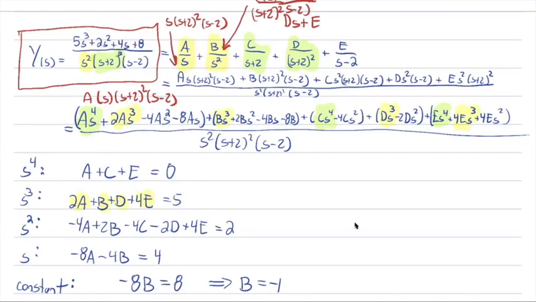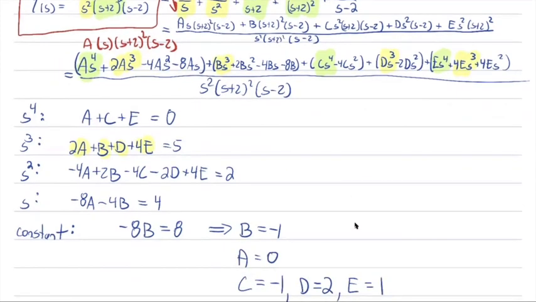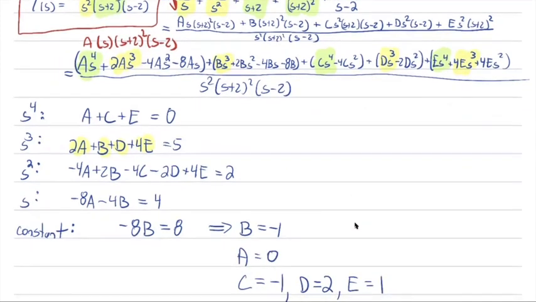And then we do the same for the s squared, the s, and the constant term. So what you get is a system of 5 equations in 5 unknowns, and then you go through and try to solve it.